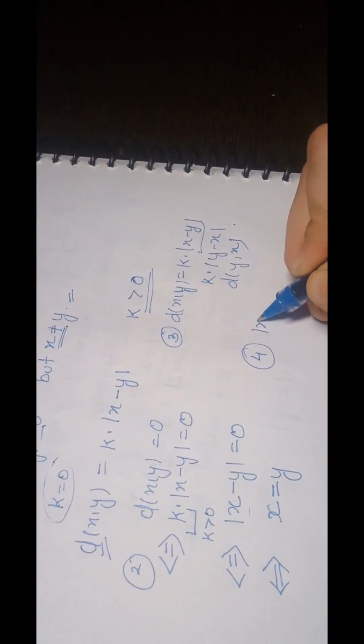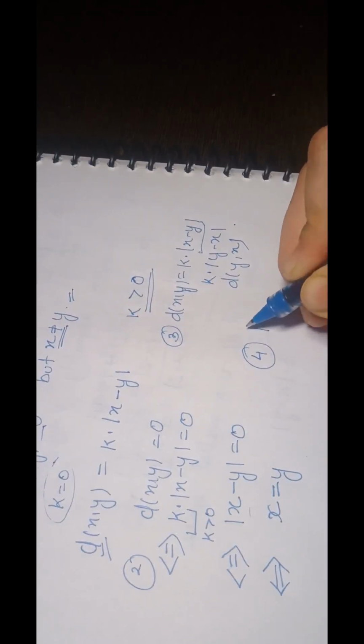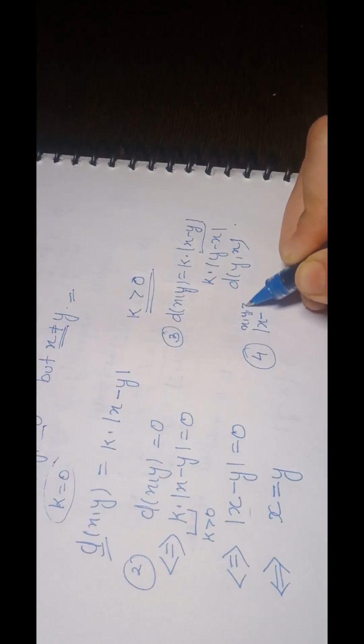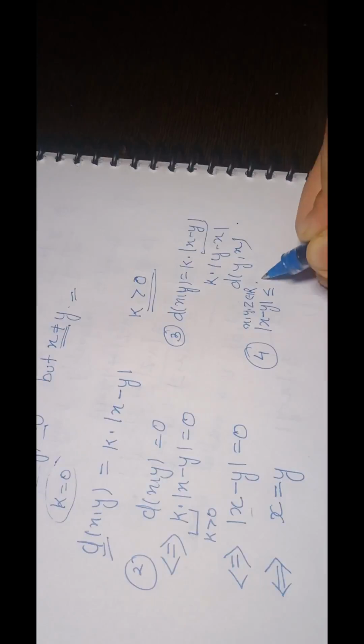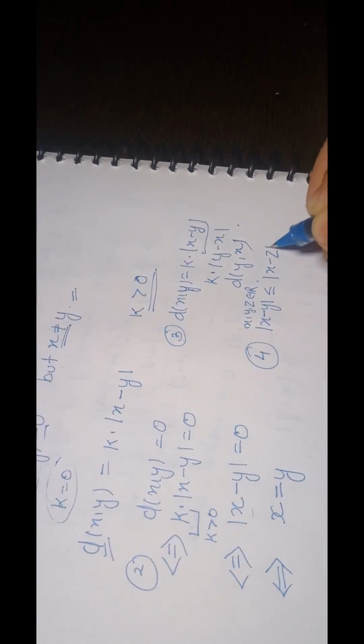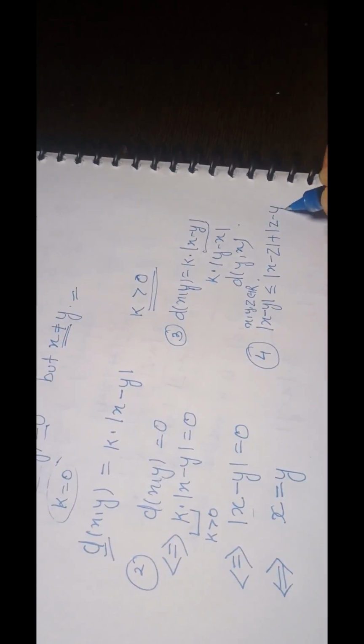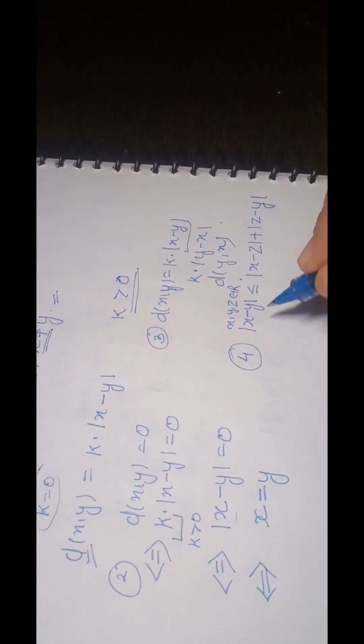Now the fourth condition is the triangle inequality. For every x, y and z belonging to R, mod of x minus y is less than or equal to mod of x minus z plus mod of z minus y. This is something you have already done in the usual metric case.